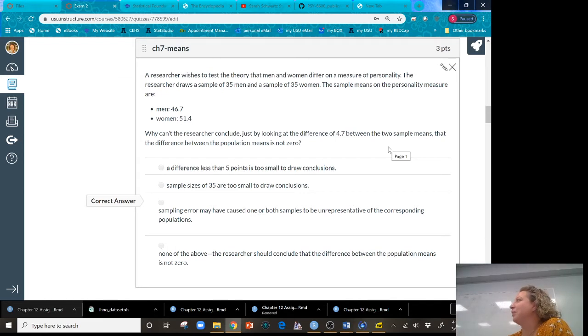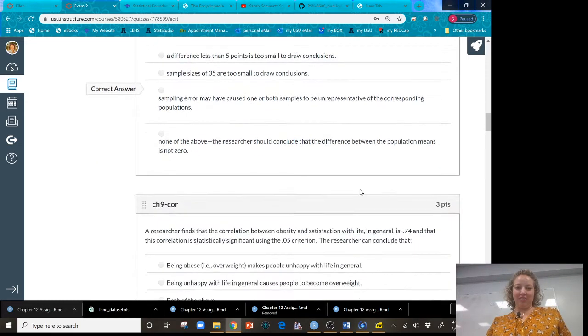What are we missing? What piece of information are we missing here? Do we know the standard error? Well, we know the sample sizes, but do we know the standard deviations? No. What if the standard deviations are 40 and 50 respectively? Then a difference of 4 and 5 is not much at all.